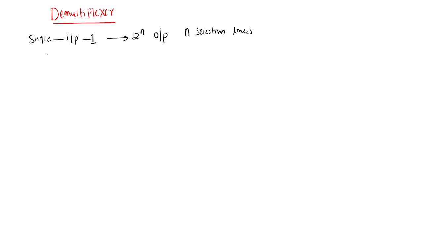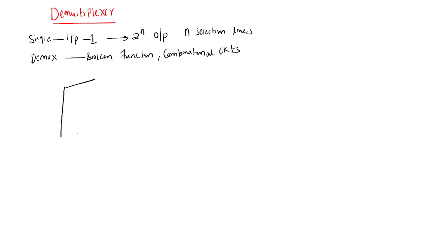By using a demux, we can implement boolean functions and combinational circuits. The diagram will look like this. This is a general diagram for a demux.